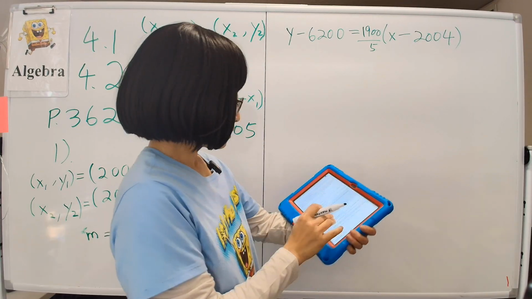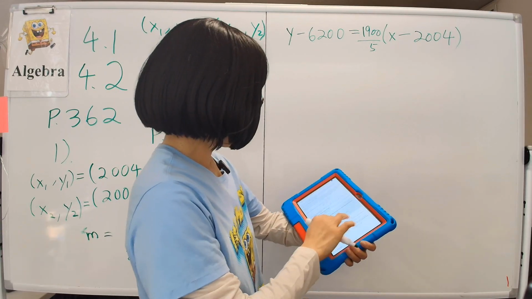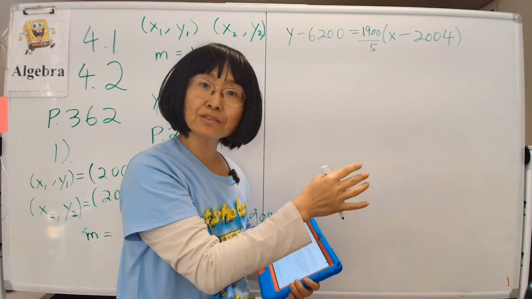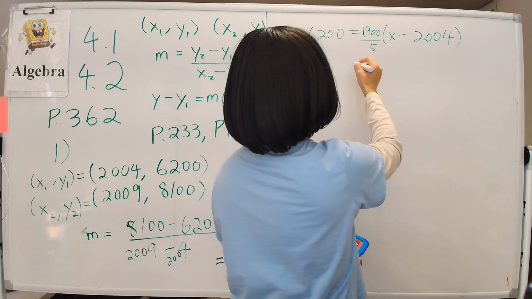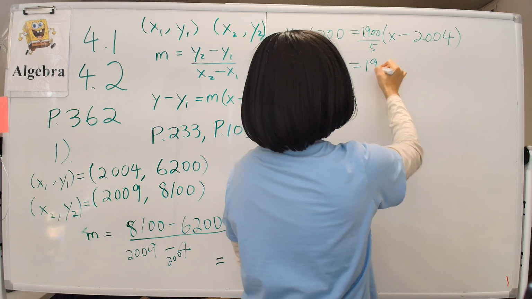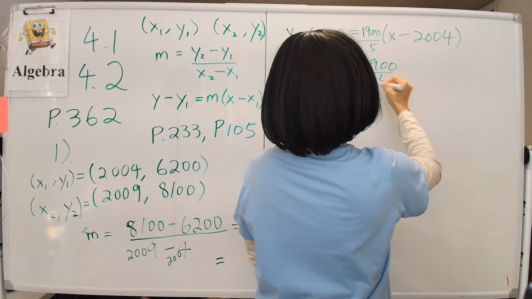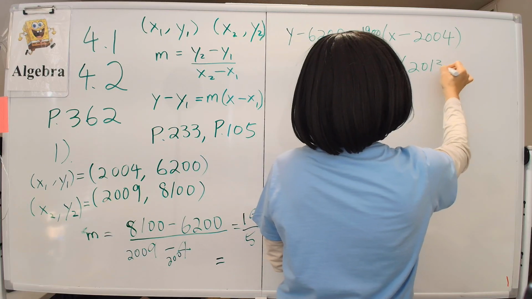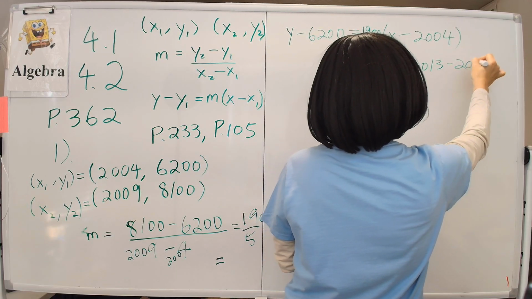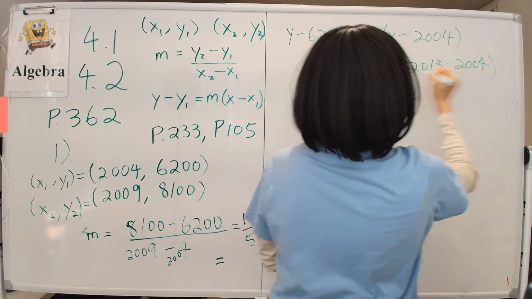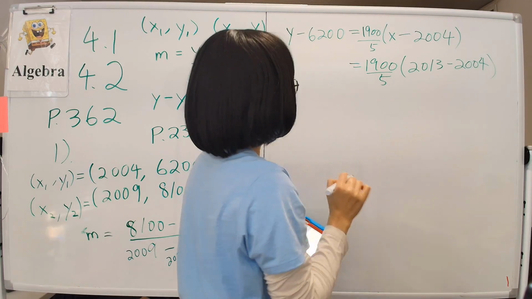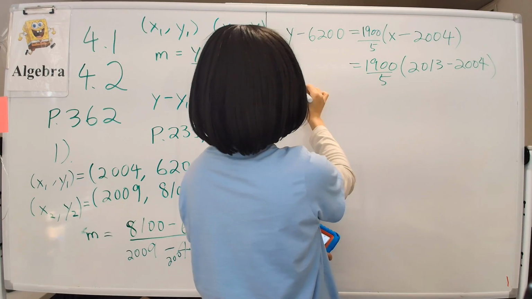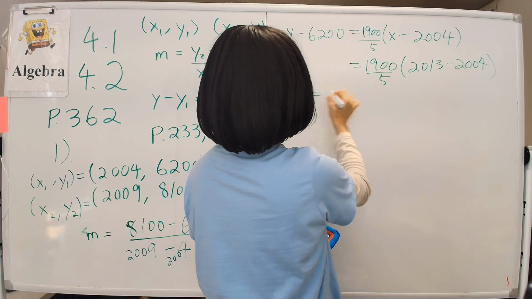Now that we have our equation, we need to know what y is when x is 2013. So we'll write this down. 1900 over 5, and x is 2013, subtracted by 2004. By now we just have a bunch of math to calculate.